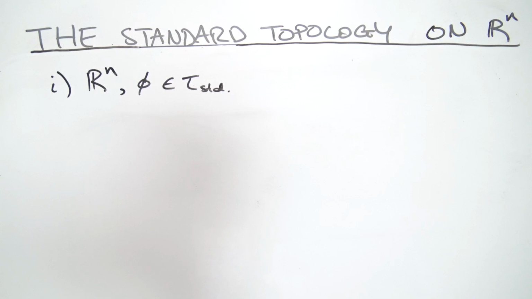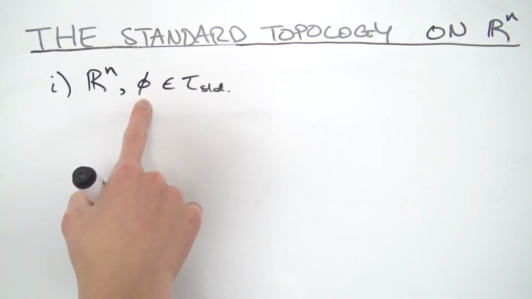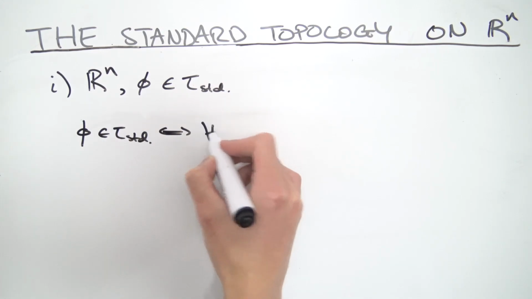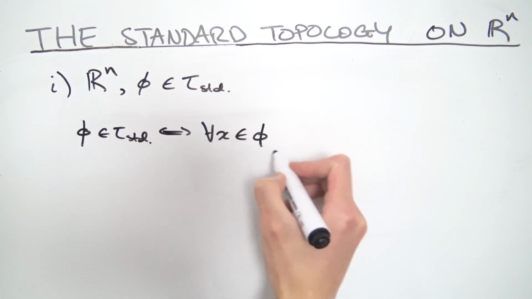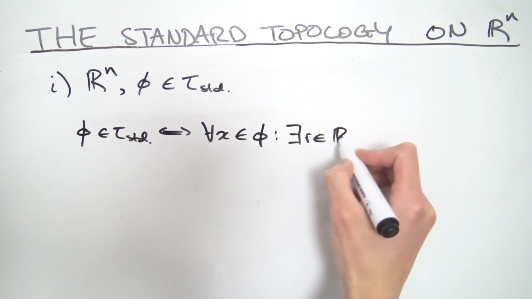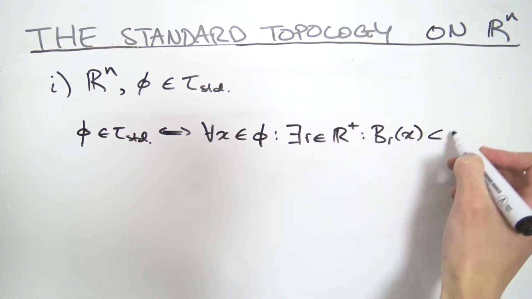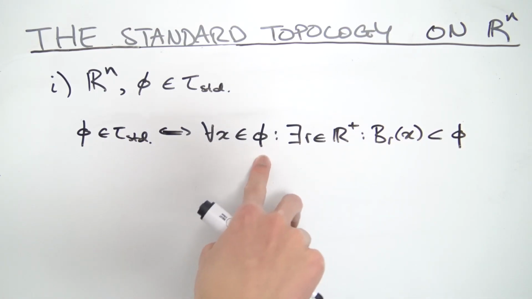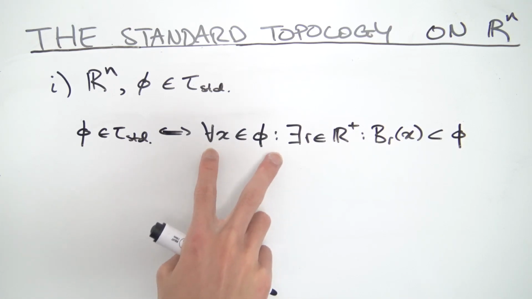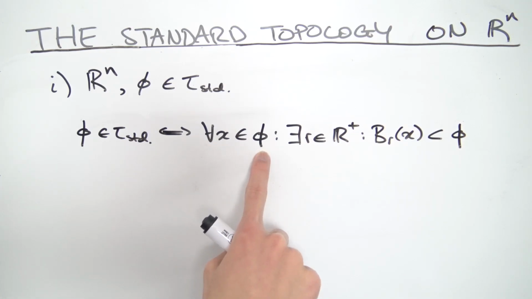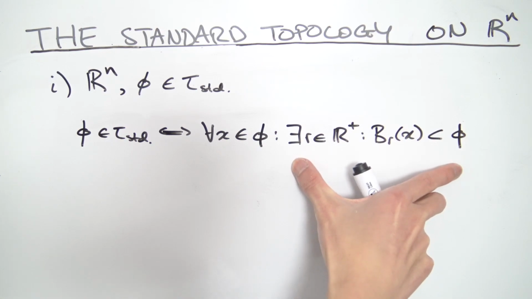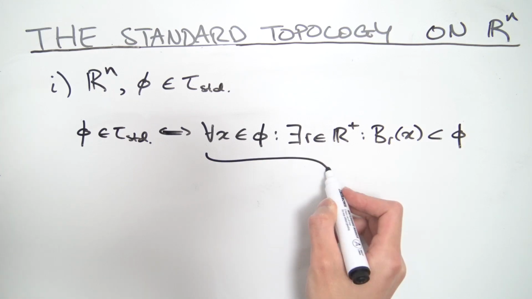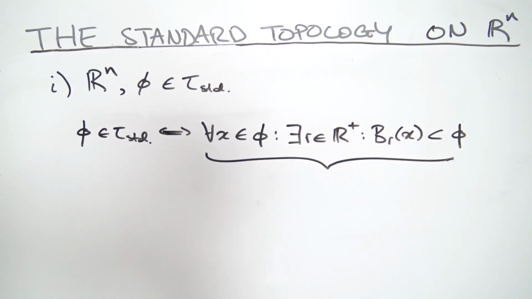Now the empty set is quite interesting, because if the empty set is in the topology, then it must be that for all points x in the empty set, there exists some radius such that B_r(x) is contained in the empty set. But you'll notice something funny going on, because the empty set has absolutely nothing in it, and we're saying that for all points in the empty set this condition must be true. Now, if there's nothing in the empty set, then there's no need to check this, so this whole proposition is actually going to be true.